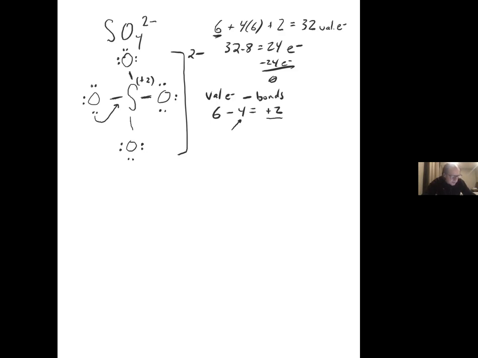So if you give it an extra bond, you'd be subtracting 5. But if you give it another bond from another atom, and again, pick another atom, it doesn't matter which one. I'm going to pick the one on the opposite side, but I could have picked the one on the bottom or the one on the top. You generally don't want to pick the same atom because then it would have a triple bond. So I'm going to pick another pair over there. That's going to form another bond.